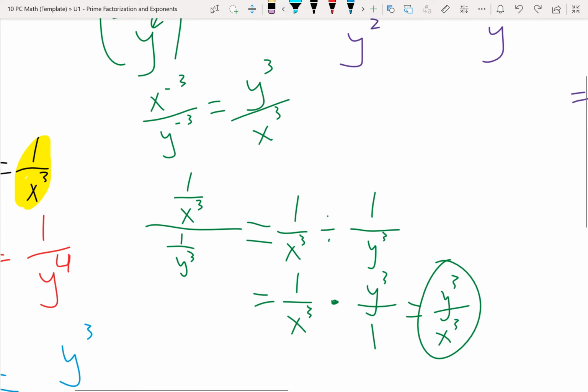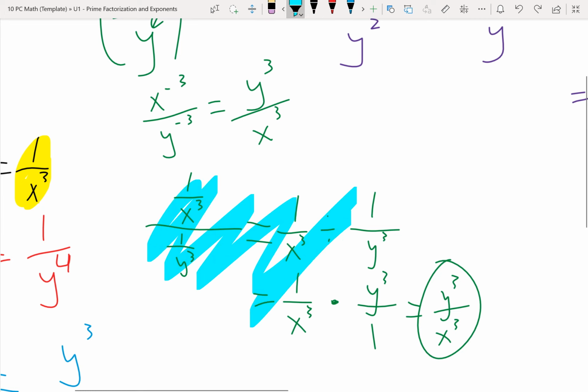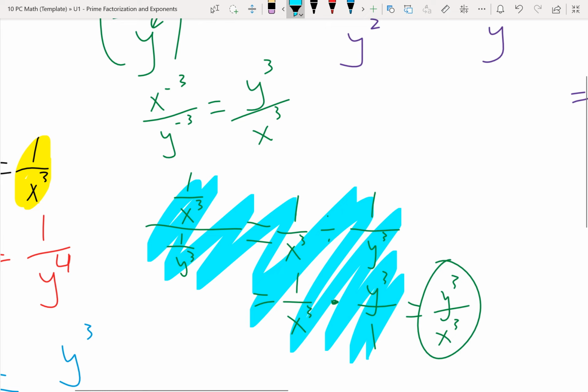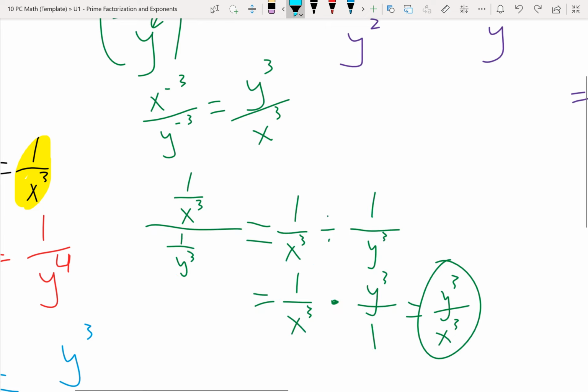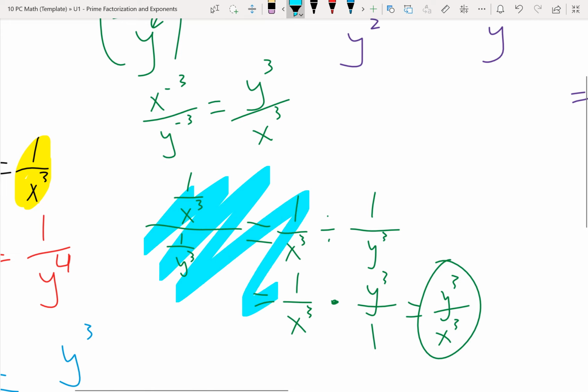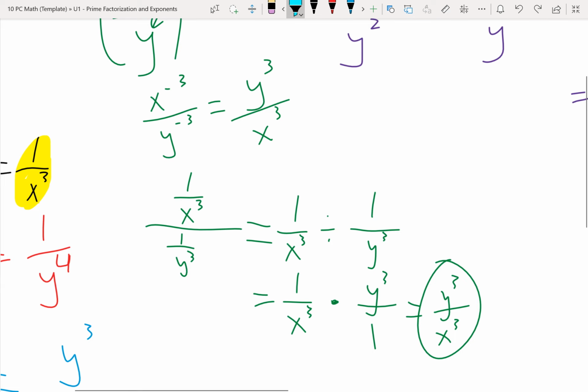Now, you can obviously see this is a lot of steps. You don't have to do those steps. We have better things to do. So when you see this, where you have negatives, you can just know, well, that's going to move onto the bottom and become positive. This is going to move to the top and become positive. This is just a way to visualize what's actually happening so you can see it. And that's basically it.